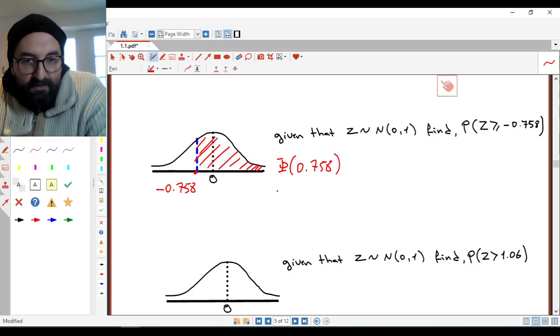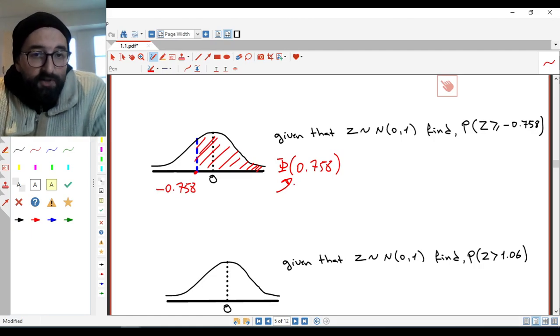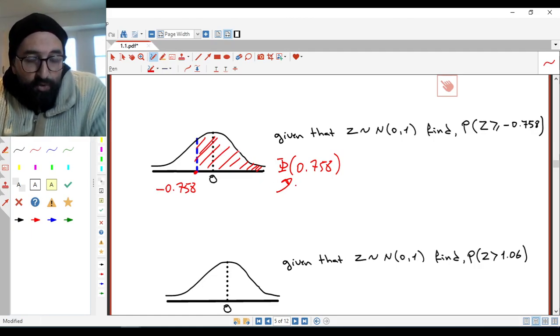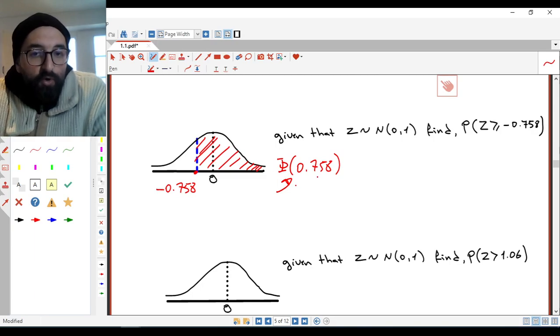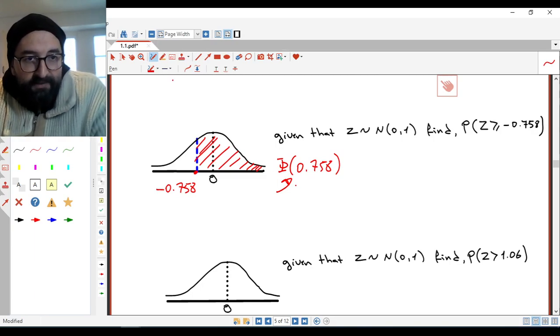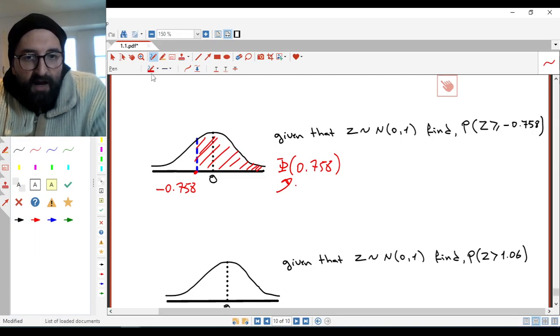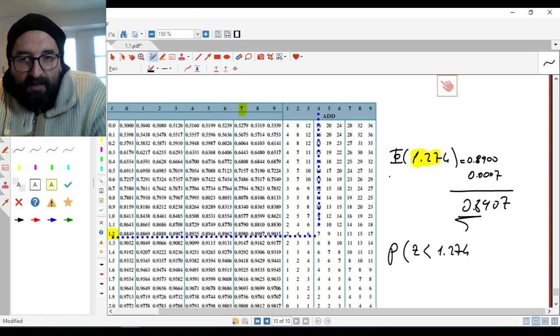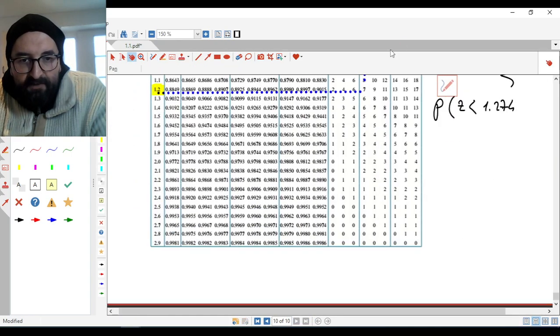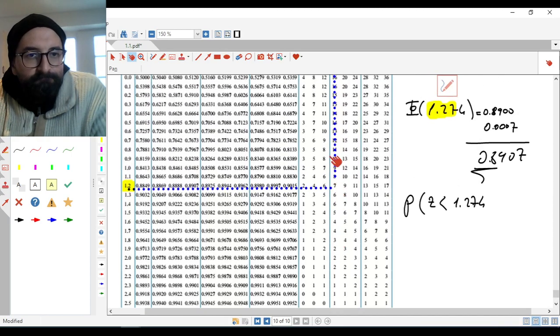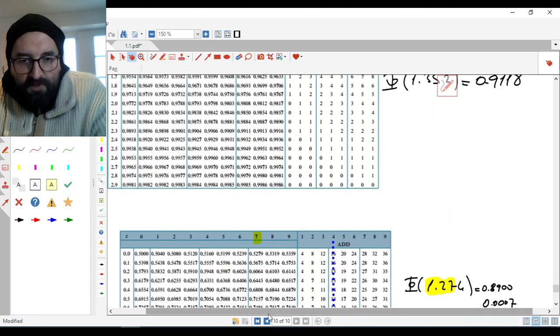If you look at the z table and find 0.758, you will every time find the big area. So I am also looking for the big area. 0.758, and I want to use another z table.